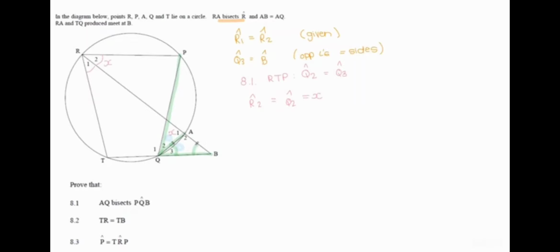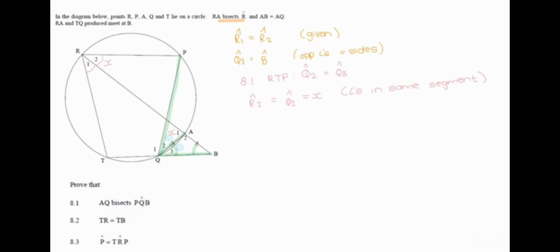The reason for this is angles in the same segment. Then from there, we ask ourselves, how can I prove that perhaps Q3 is equal to that? So this is where it takes some brain power.